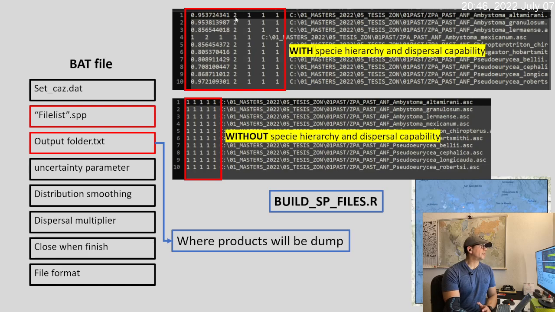Now the number 2 is the column where we could have used the dispersal information. If I use 1, it's going to be assumed that it's static. So the only thing that we did is to use the number 2, just to have some kind of assumption that it moves.